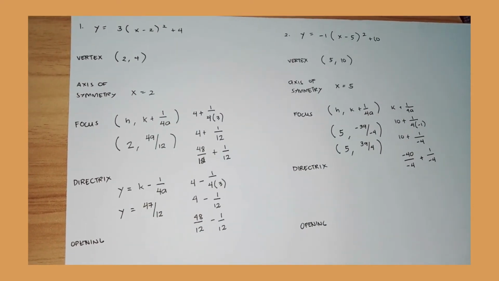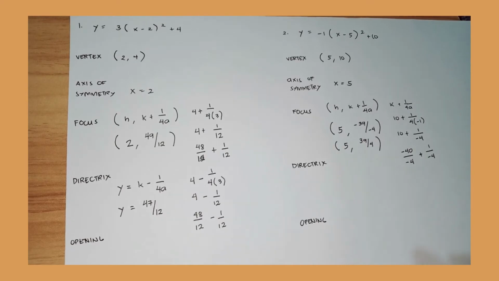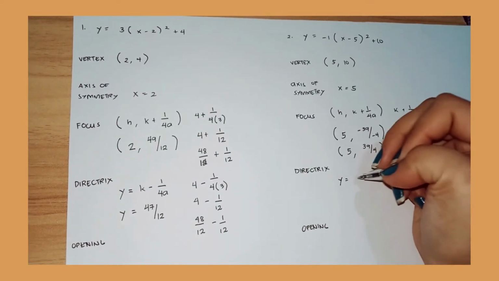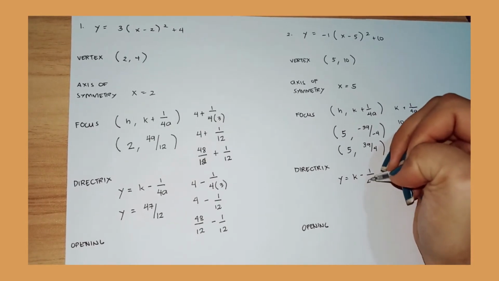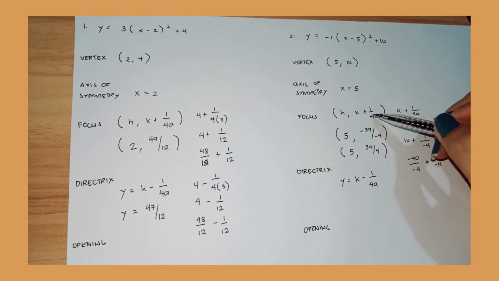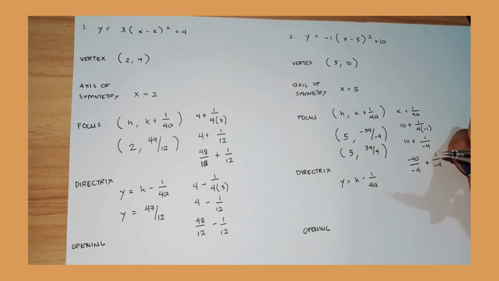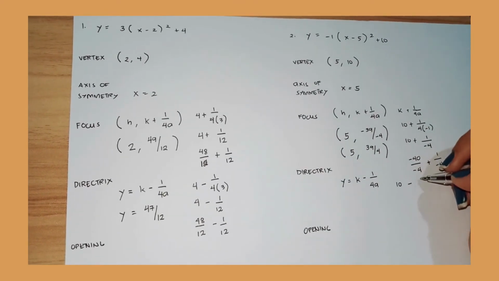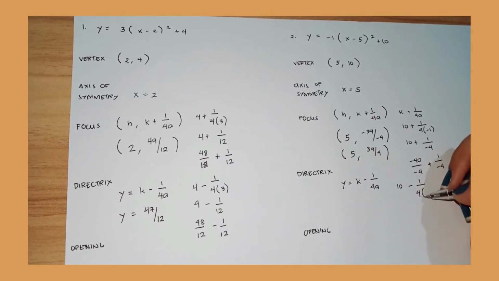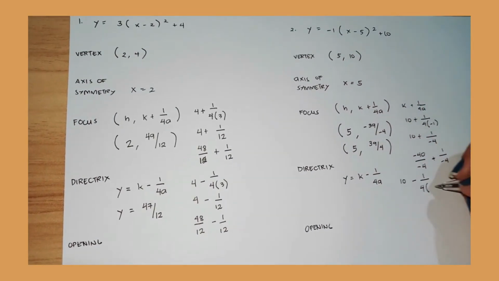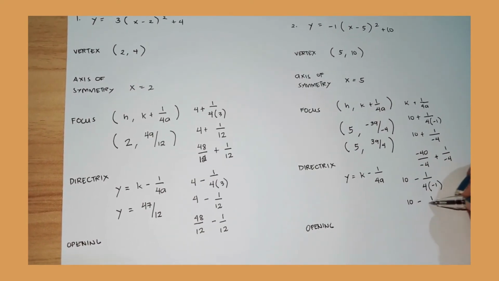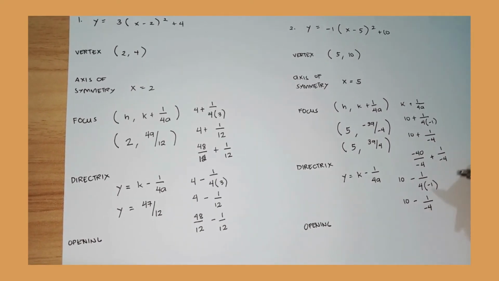Next, let's try example number 2, solving for the directrix. Again, the formula is y equals k minus 1 over 4a. Yung focus plus, yung directrix minus. Yung k natin is 10 minus 1 over 4, a natin is negative 1. So, this will be 10 minus 1 over negative 4.